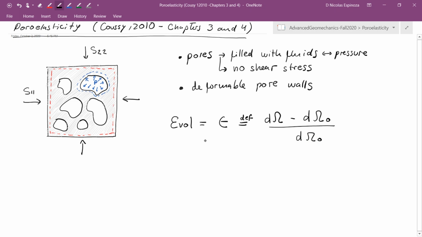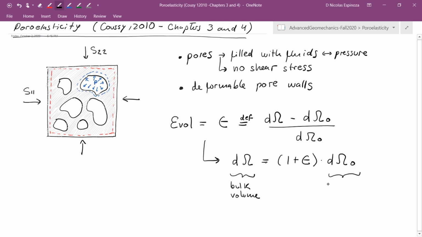And I can work a little bit with this equation, just do some algebraic steps, and then I can write the bulk volume to be equal to 1 plus the volumetric strain times the original bulk volume, where remember this is a bulk volume at any time, and over here we have the initial bulk volume or original bulk volume. And this is going to be my equation number 1.